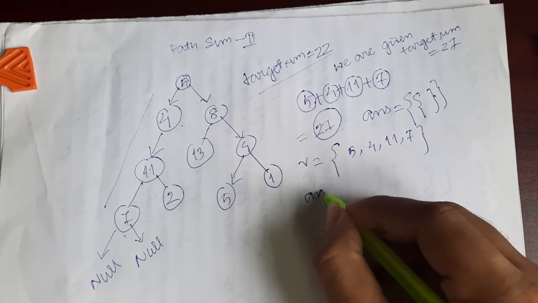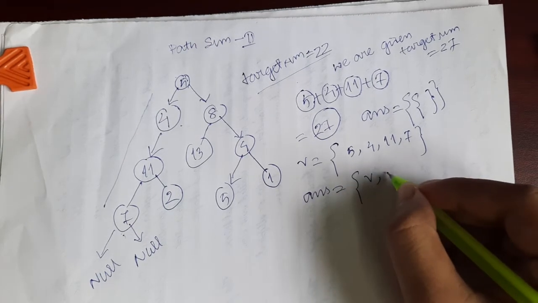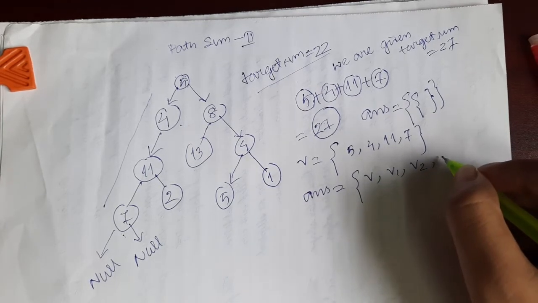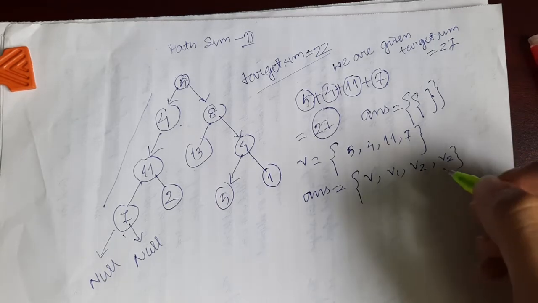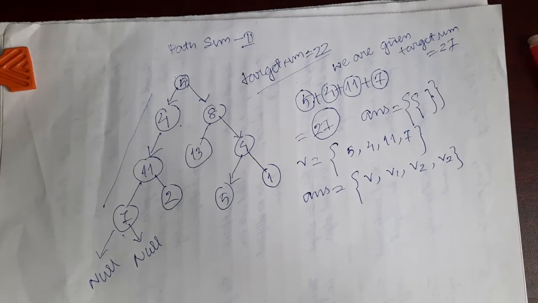So answer will now contain v, and like v there will be v1, v2, more than one vector there. The answer will consist of more vectors which will be other paths which will satisfy these conditions.